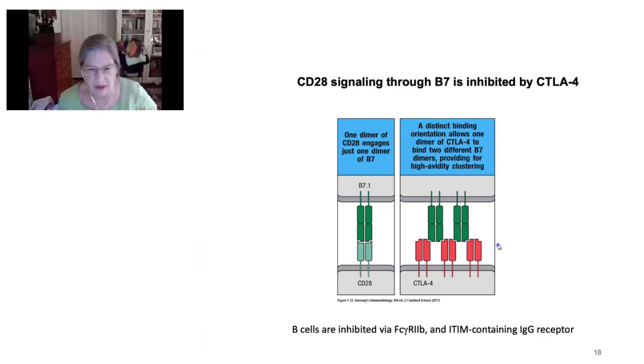I'm going way too far on this. And that's going to be similar, but it's not an ITIM mediated response. What basically happens is B7 is just blocked by CTLA-4 such that CD28 can't get to it. So it's more like steric hindrance than ITIM-based suppression.